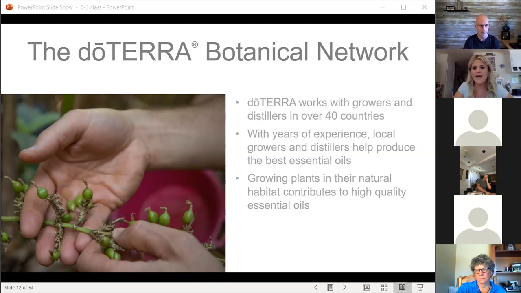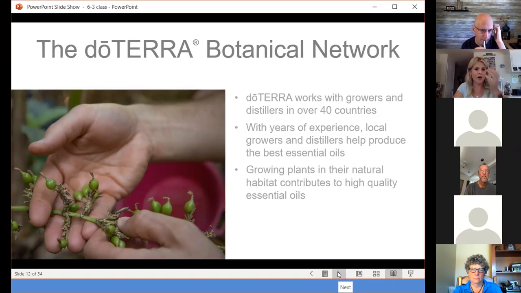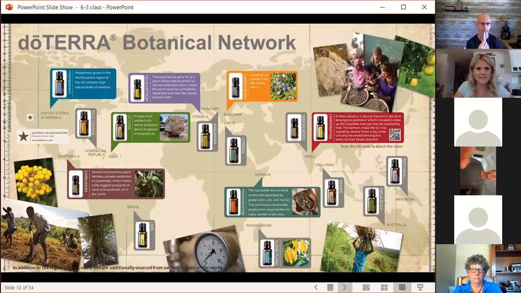That experience allows the growers and distillers to help improve the quality of essential oils that doTERRA offers us, because they have that knowledge behind them. They know their climates way better than we do. And so if we're using where people thrive most and their knowledge, we're going to have so much more success.